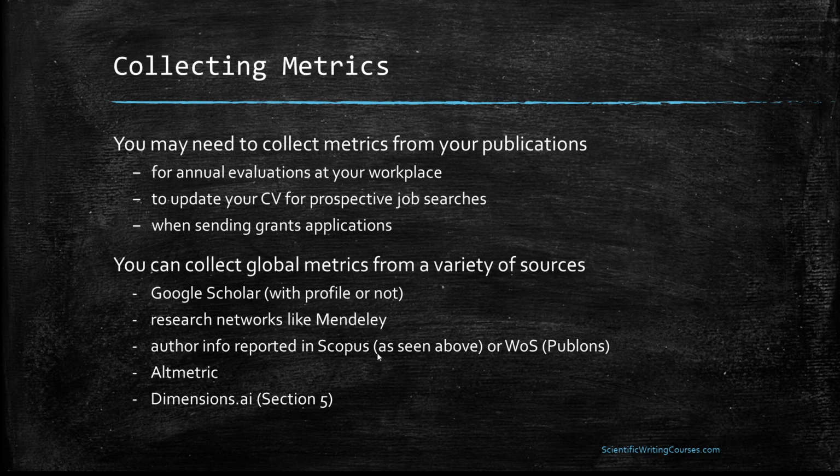So this one is really good. You may also check if you are an author that has high Altmetric numbers. Then you may take a look at these numbers and put them in your CV for your evaluation. You can also use Dimensions. I just looked at this company, in artificial intelligence, and they have a number of websites, tools and applications that I will mention in section 5. So you can collect some metrics for yourself in this place.